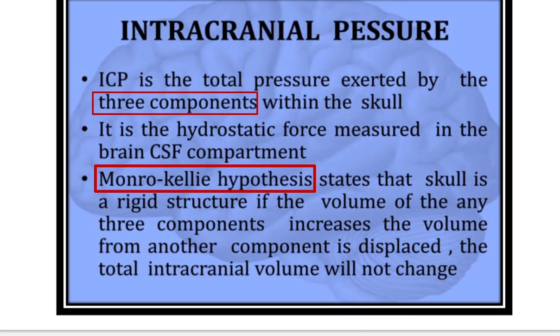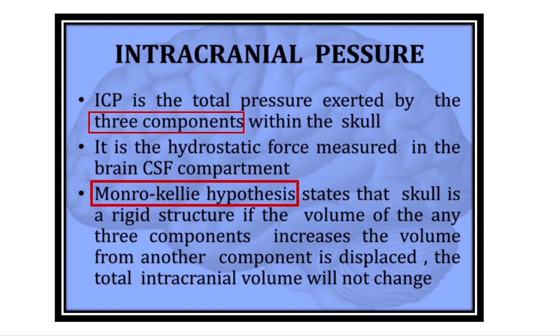So first of all, the ICP, that means the intracranial pressure, is the total pressure exerted by the three components within the skull, such as the systemic blood pressure and CSF pressure. So this type of pressure is very important to measure intracranial pressure. And there is an important hypothesis, the Monroe-Kellie doctrine, which is not required for this question, so skip this.